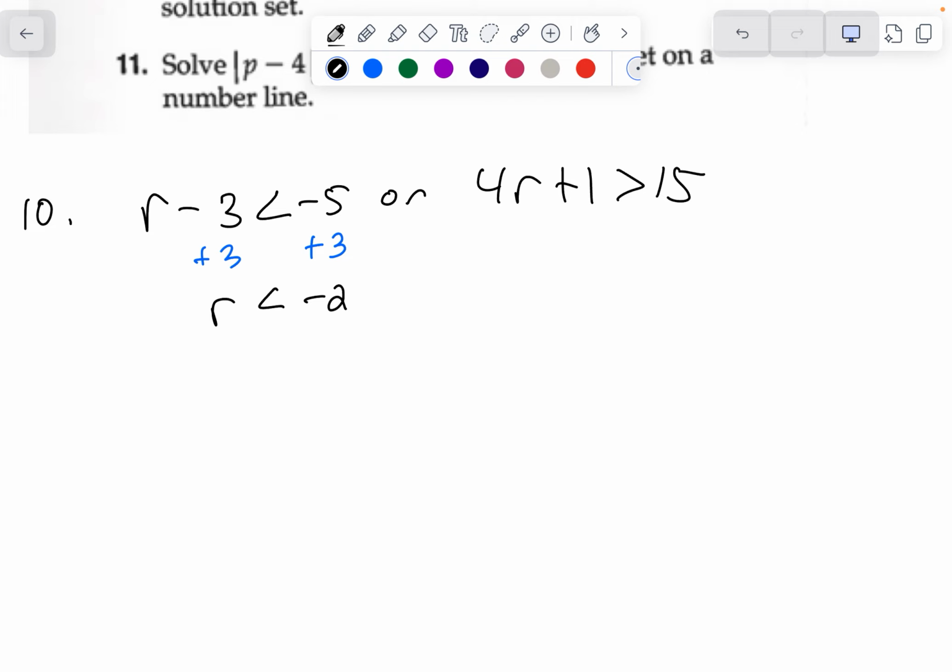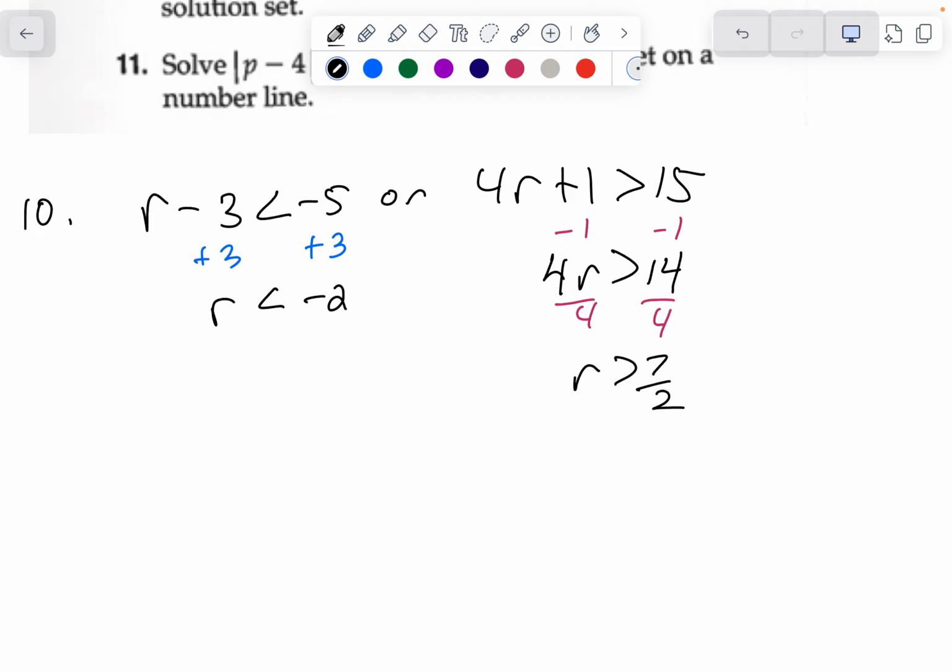Now we have a little more work to go on the other one. We're going to subtract 1 from both sides. You get that 4r is greater than 14. And then we're going to divide by 4. Now 4 doesn't go evenly into 14. So what you might want to do is write it as 7/2 if you want.